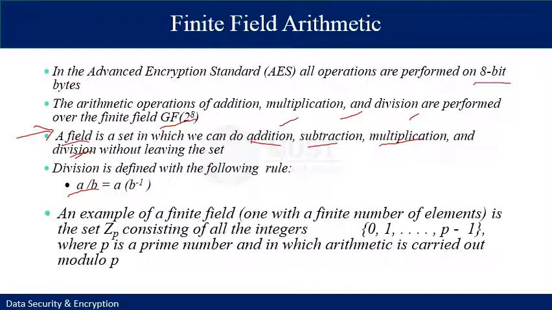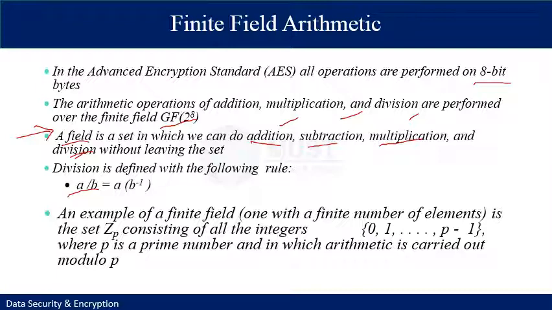An example of a finite field with a finite number of elements is the set Z_p, where p is a prime number, consisting of all integers ranging from 0, 1 to p minus 1. For example, the finite field Z_8 would consist of the integers 0, 1, 2, 3, 4, 5, 6, 7, which is p minus 1, where p is a prime number and in which arithmetic is carried out modulo p.